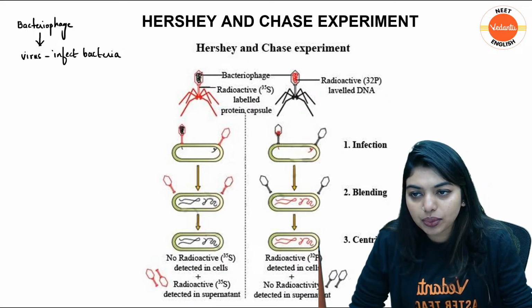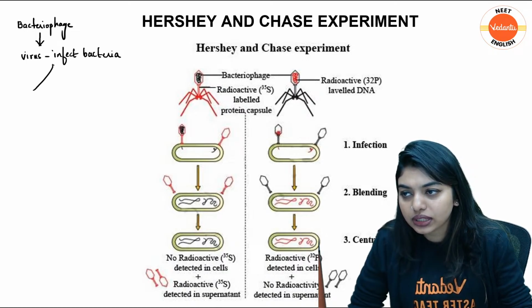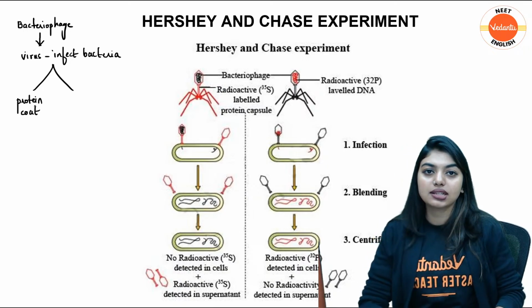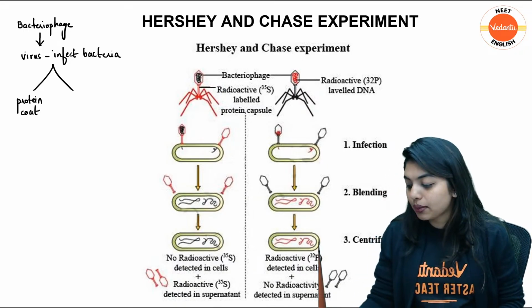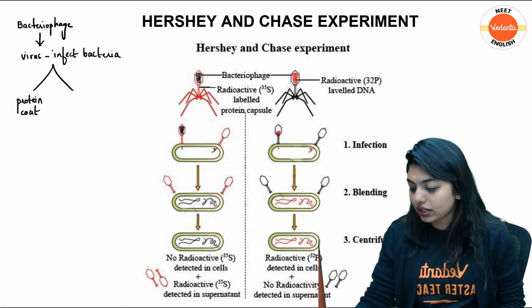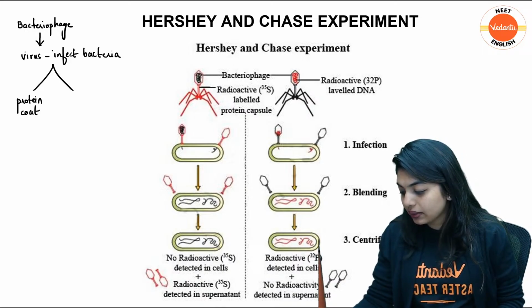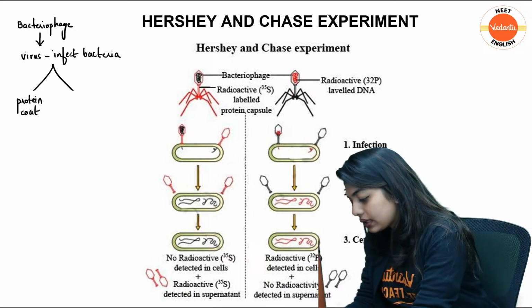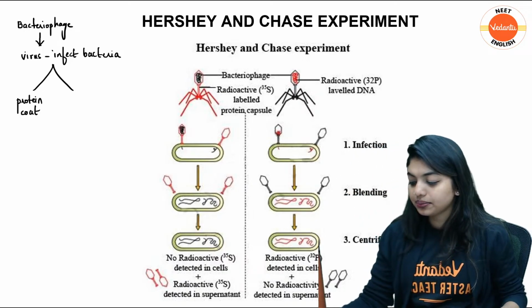Their structure is such that they mainly have two things. They have a protein coat, which you will be studying in biological classification, where you will learn about capsomeres, capsid and all that. Are those things clear?